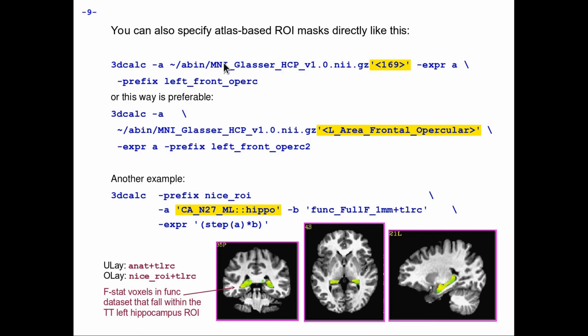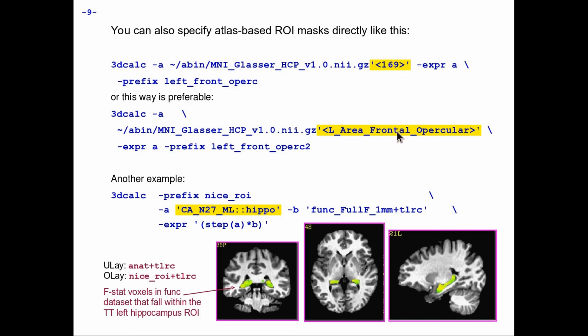This atlas is in MNI space, but we still use the view part of the name to say that it's in a standard space. But rather than use 169 or any index value, we recommend that you use the name of the label instead, the atlas region name. This is preferable, and the reason that it's preferable is that if the atlas is updated for some reason and they've added some more regions or subtracted regions, that 169 may not be reliable.